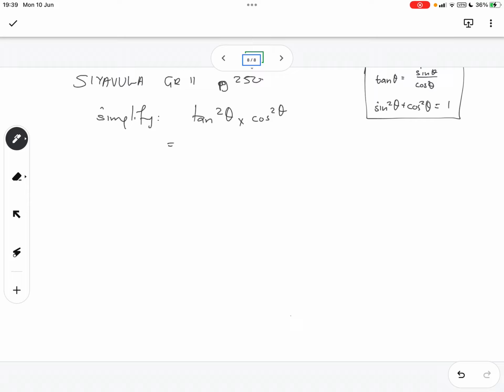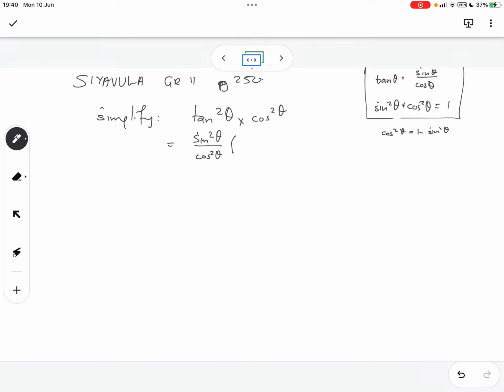Remember, we know that tan theta equals sine theta over cos theta, and we also know that sine squared theta plus cos squared theta equals 1. So we know this much. That's what we've established. Then when we simplify this, we can say that tan squared equals sine squared theta over cos squared theta.